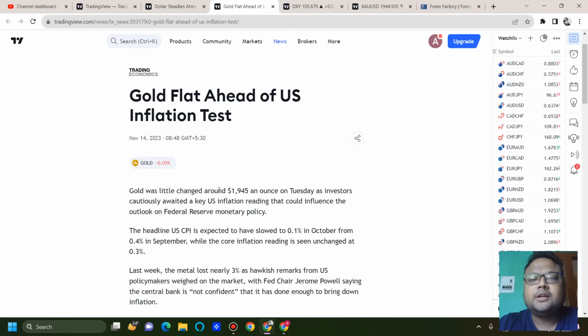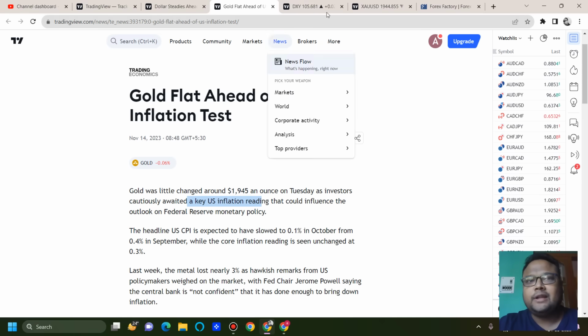Gold was little changed around 1945 on Tuesday as investors cautiously awaited a US inflation reading that could influence the outlook on Federal Reserve monetary policy. So today's CPI is important because this will shape the next monetary policy by the Federal Reserve. That's why the market is mostly eagerly waiting.